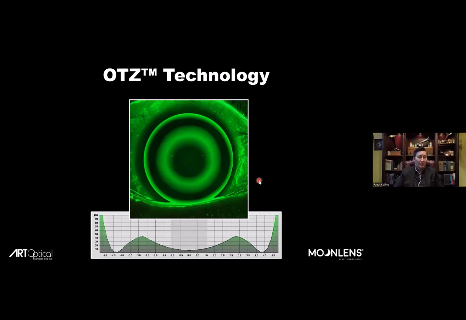And this, put simply, is a way of calculating the appropriate tear layer profile, the shape and thickness of fluid for each patient based on their age, their eye shape, their RX, and the type of optics that we're trying to achieve, either lower amount of spherical aberration or higher amount of spherical aberration, myopia control or adult Ortho-K.